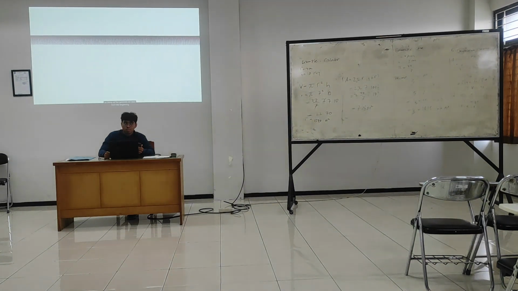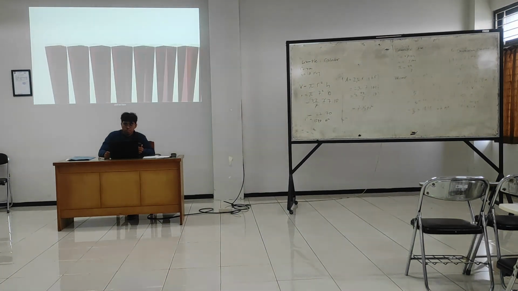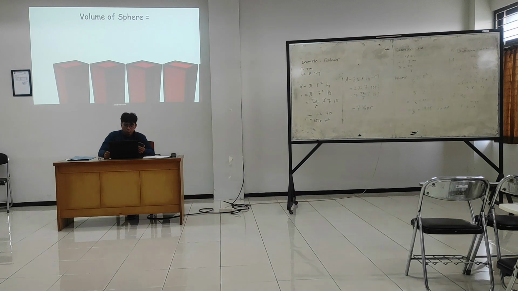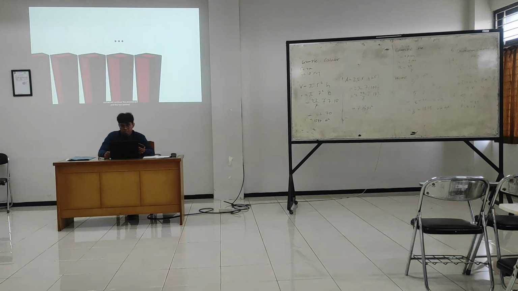So lining up the pyramids, we start from the beginning, and we have volume of the sphere is equal to base 1 r over 3 plus base 2 r over 3 plus base 3 r over 3. And we will continue this process up until the last pyramid. Now we don't know how many pyramids we have, so we just let base n r over 3 simply represent the last pyramid.